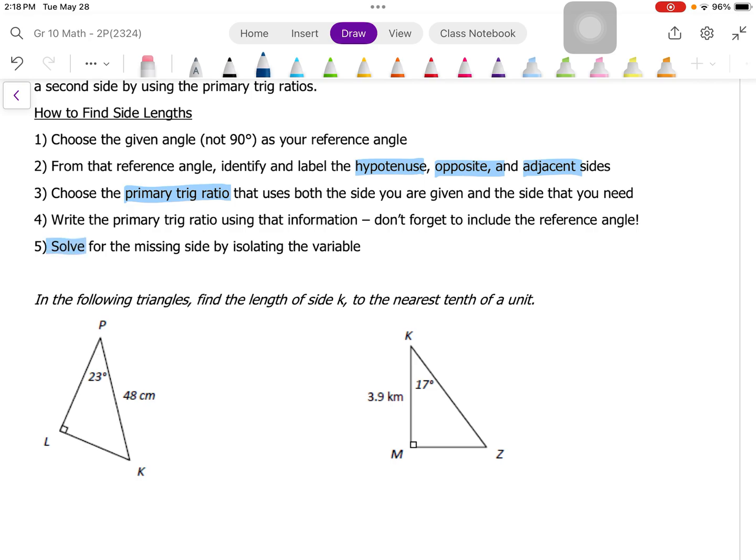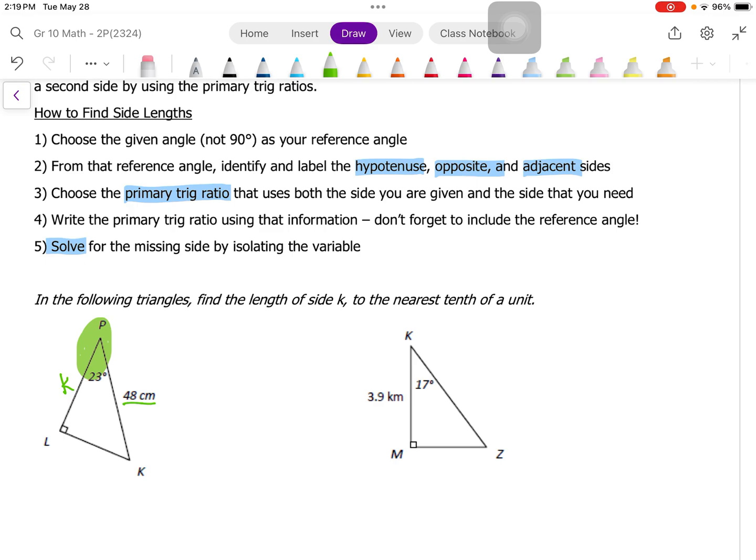So in this first question, angle P, which is 23 degrees, is what we know. And we're being asked to find side length K. Side length K is across from angle K, so we want to find this side length, and we know this side length here.